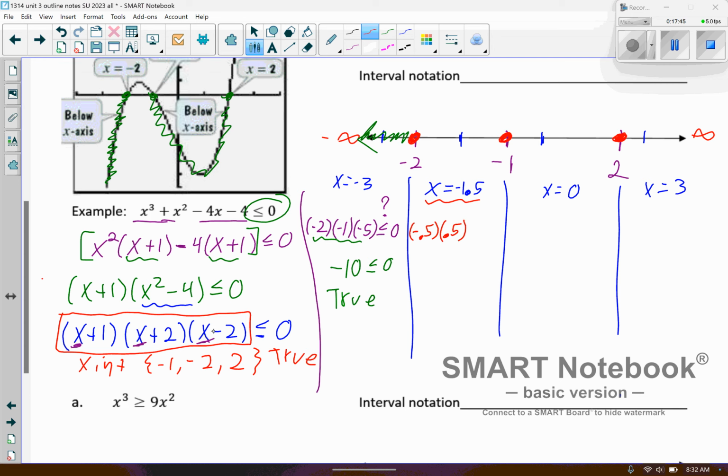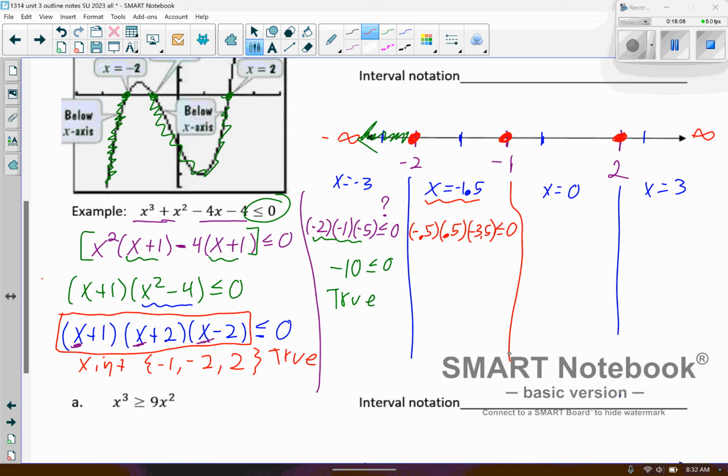And then the last one, -1.5 take away 2, would be -3.5. I'm going to move this line over a little bit. I'm going to need some extra space. And then we want to figure out, is this less than or equal to 0?